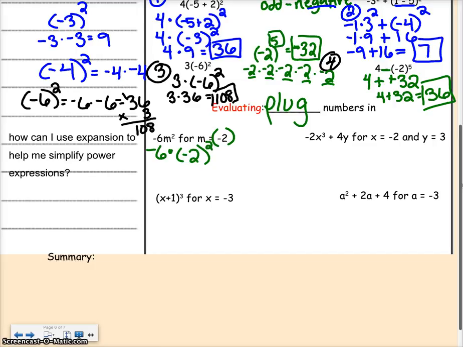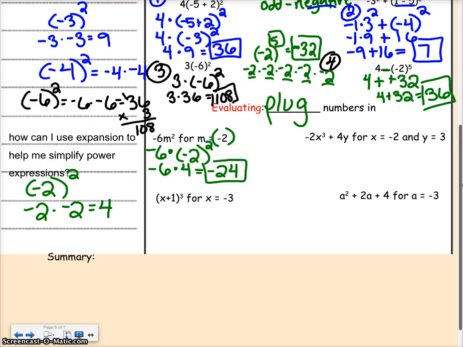Okay, so again, I put it in parentheses. Now I'm going to simplify this power here. Negative 2 squared, it means it follows it along. Negative 2 times negative 2, which is a positive 4. So this is negative 6 times a positive 4, which is a negative 24.